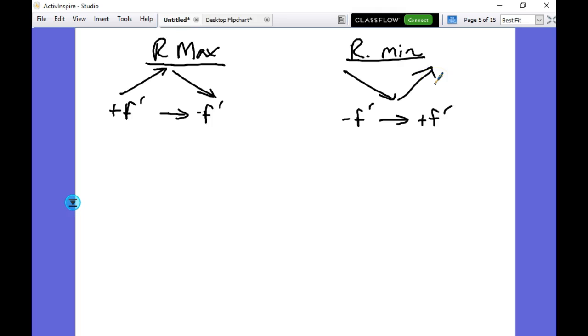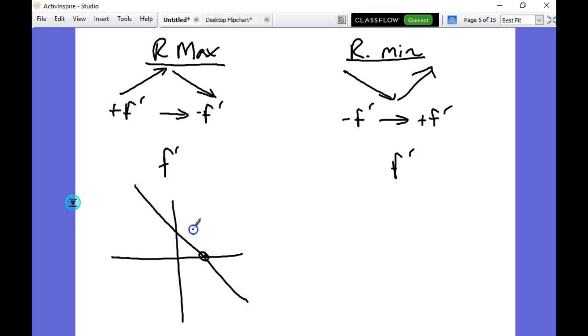Now, what does that look like on an f prime graph? We just saw it on the last 2 problems. If f prime goes from positive to negative, then it's like this, positive, negative. So you're going from a positive to a negative, so that makes this a max.